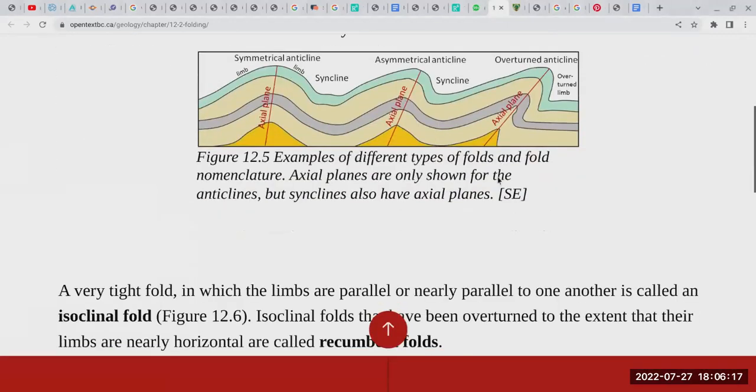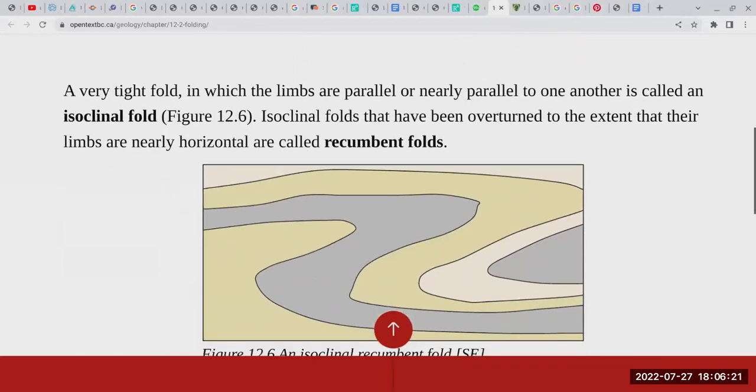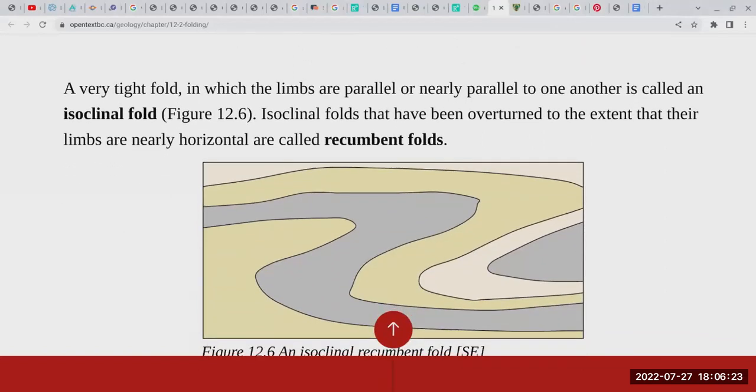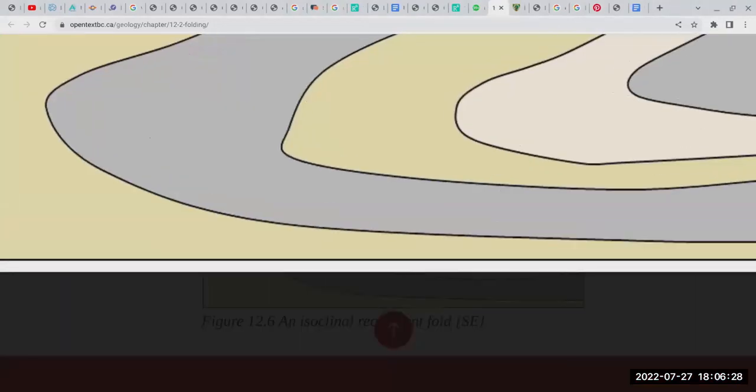All right. And then now it says a very tight fold in which the limbs are parallel. Hear this now. Oh God, I keep doing this.